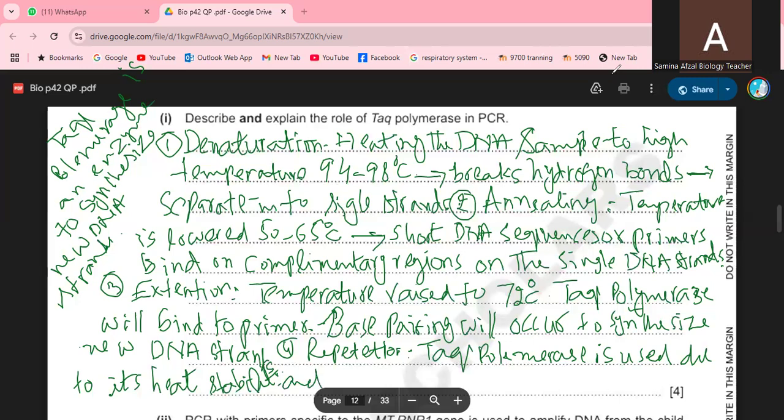These reactions are repeated again and again, so it will withstand the high temperature and the lower temperature as well.